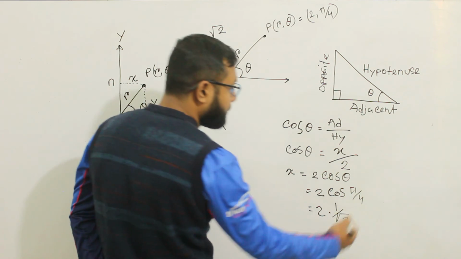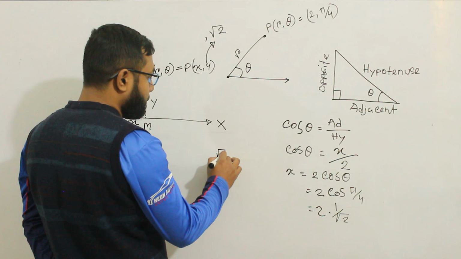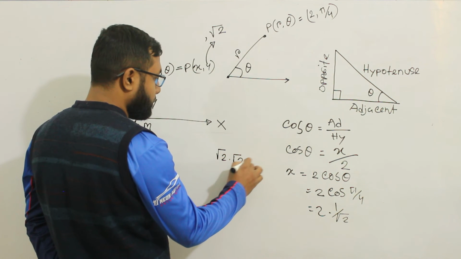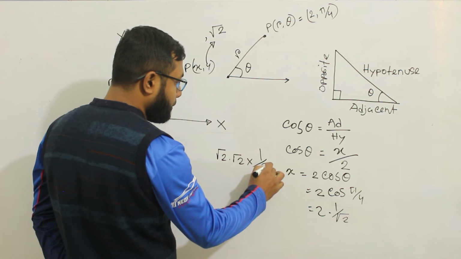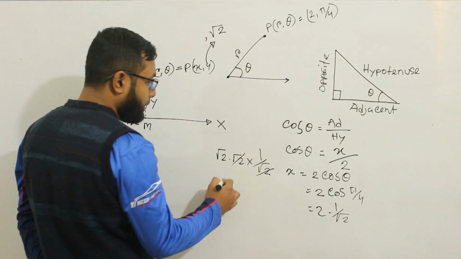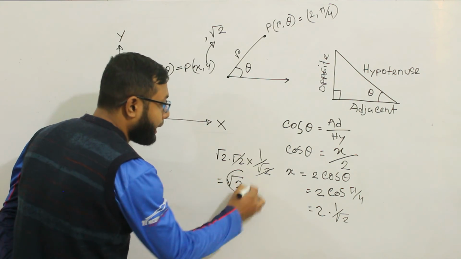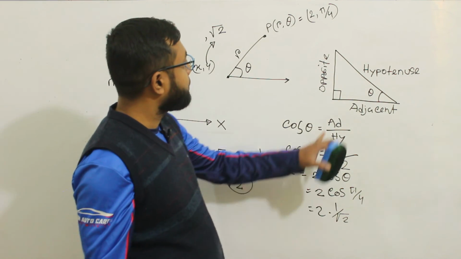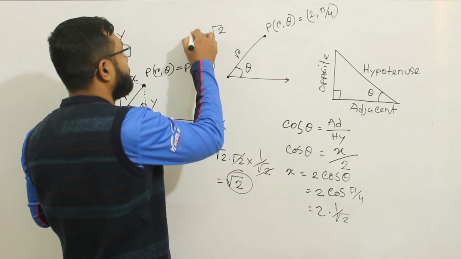That is the value of cosine. So we can write root 2 into root 2 multiplied by 1 by root 2. So the value will be root 2, and again the value of the x coordinate will be root 2.